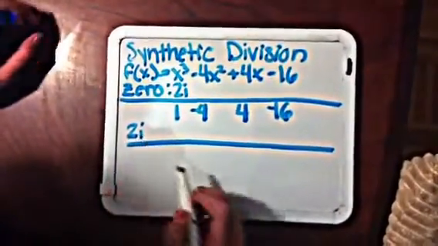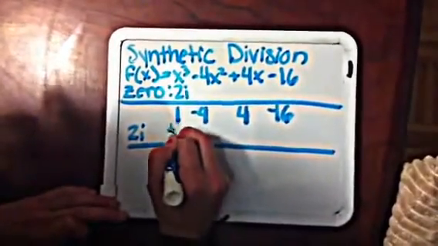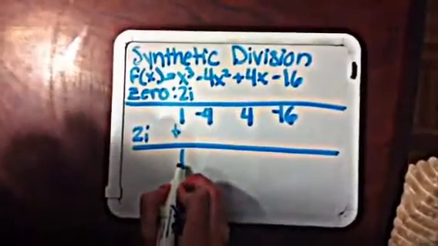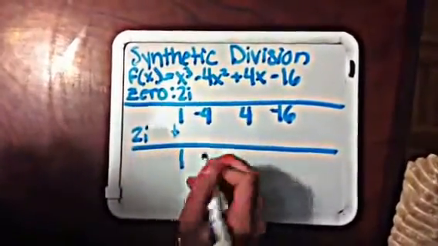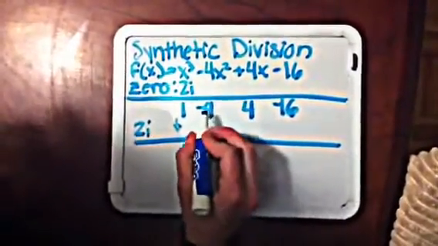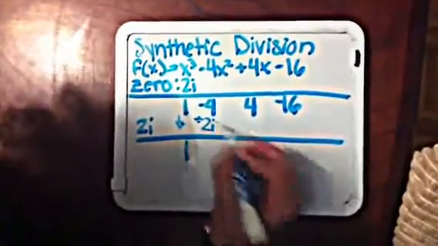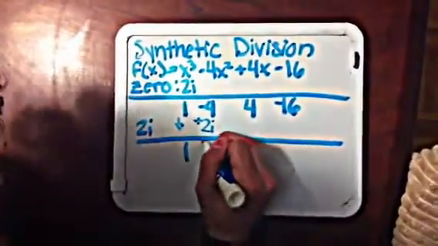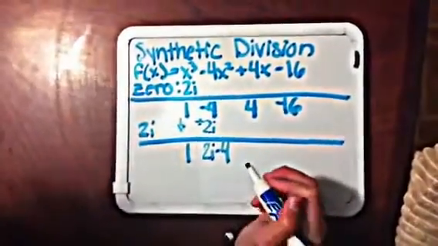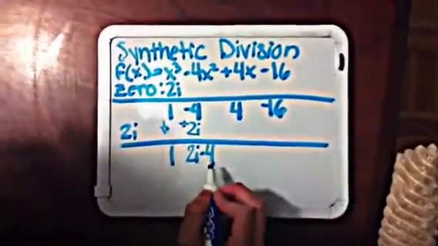which is 2i. The first step in synthetic division is to drop down the first coefficient, which is the 1. After that, we multiply the 1 by the 2i, and we get 2i. Then the next step would be to do -4 plus 2i, which is the same as 2i minus 4. The next step would be to multiply 2i times 2i minus 4.